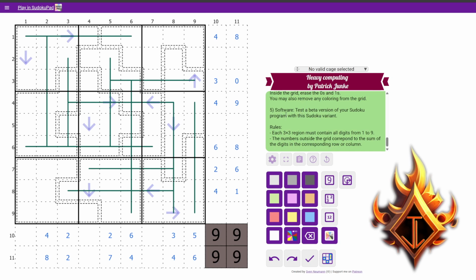Step 5 is software. Test a beta version of your Sudoku program with this Sudoku variant. With the rules, each 3x3 region must contain all digits from 1 to 9, and the numbers outside the grid correspond to the sum of the digits in the corresponding row or column.